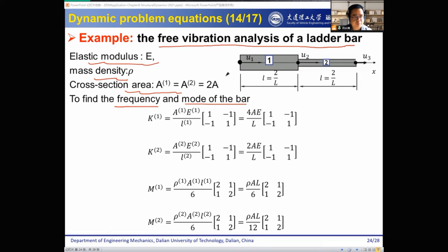Okay, so to work this out, we need to solve the free vibration equation, as we showed in the slides. To solve it, we need to first work out the stiffness matrix and the mass matrix. And it's free vibration, therefore there's no damping, so we don't need to work out the damping matrix.